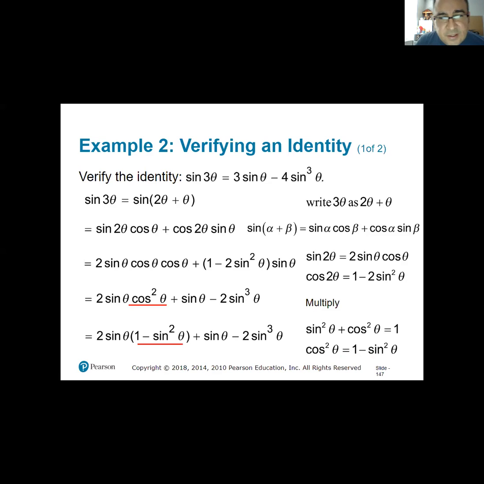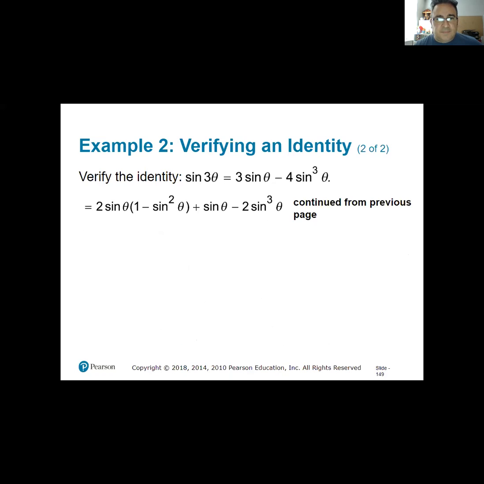Now I've got everything in terms of sines, right? And from here, it's just a matter of distributing and combining like terms. And I should end up with the right side. So let's see what that looks like. Everybody good with this one? So this is the same step as before, right?